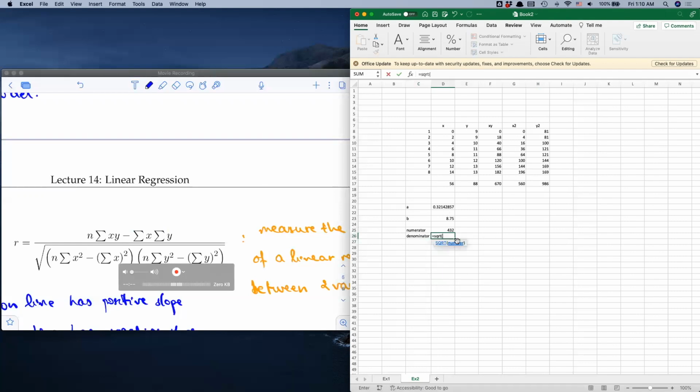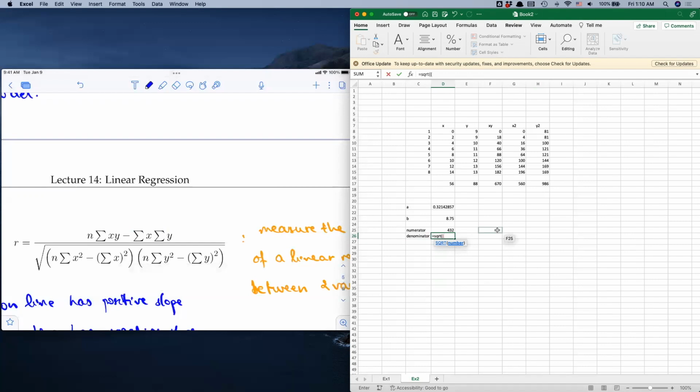So SQRT, open parentheses, and then I'm going to type in the first part of the formula of the denominator: 8 times the summation of x squared minus the summation of x altogether squared, times the second part, which is 8 times the summation of y squared minus the summation of y altogether squared.